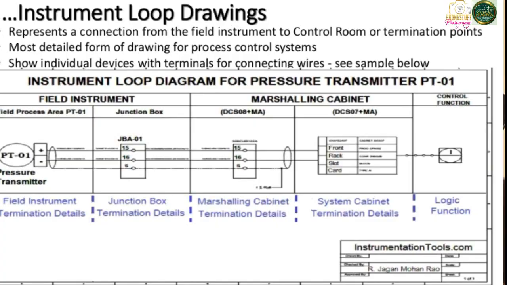Another type of drawing that a safety professional can actually utilize is the instrument loop drawing. I mean, on a typical facility, like we saw when we were looking at the piping and instrumentation diagram, that represented a lot of piping, vessels, process equipment, instrumentation, and control devices.